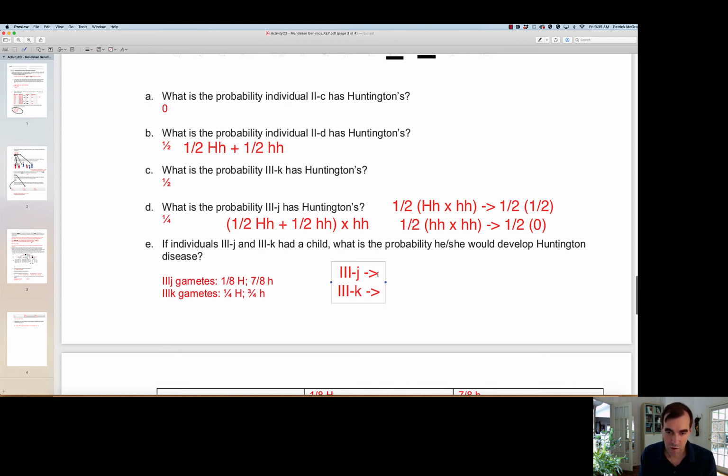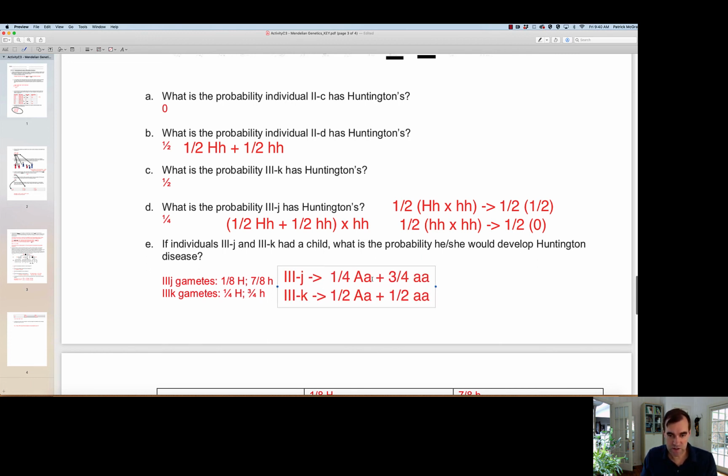So this individual is 1/4 has it, and 3K is 1/2 each way.